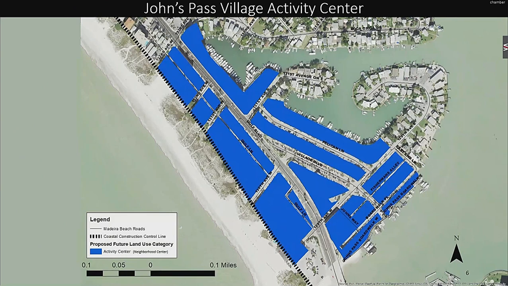The Johns Pass Village Activity Center is really this whole area that's highlighted on the map. As we all know here, things on 133rd look very different than things on Boardwalk, which look different than things on Pelican. We understand that within this area there's a lot of variation in development.